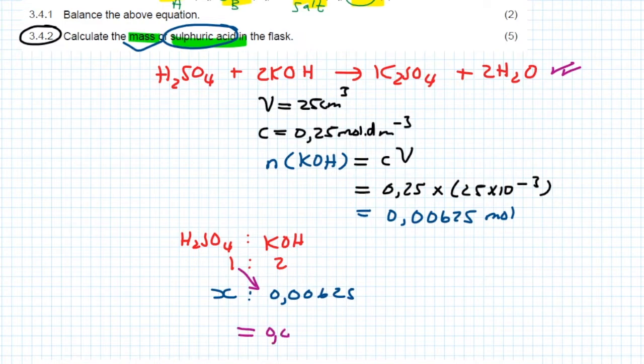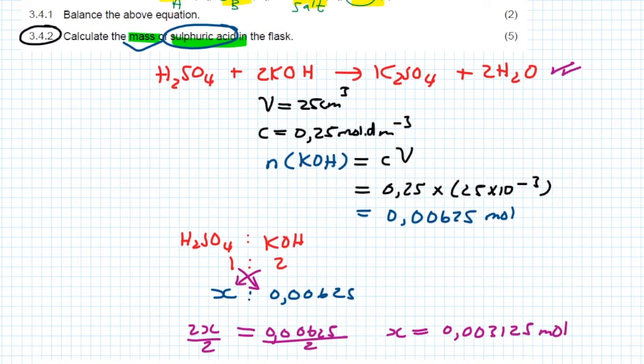We cross multiply, and over here we say 2 times x. We divide both sides by 2, and we find out that x is going to be equal to 0.003125 mole. This over here is the number of moles of sulfuric acid.